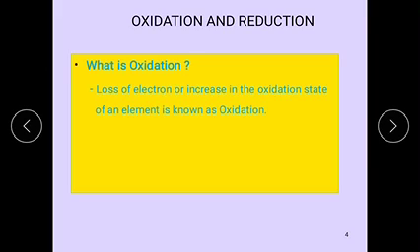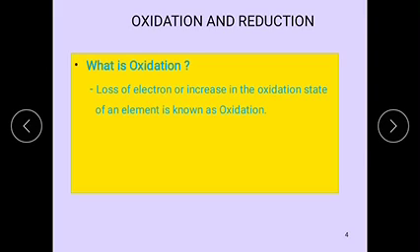And next, one more definition: the process of addition of oxygen to an atom or molecule or ion is called oxidation, or the process of removal of electrons from an atom or ion or molecule is called oxidation.